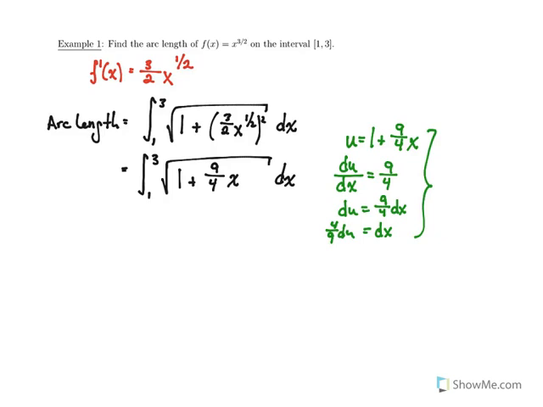Change the bounds as well. We could have when x is equal to 1, that's going to give us that u is equal to 1 plus 9/4 times 1, which is 1 plus 9/4, which is going to be 13/4.